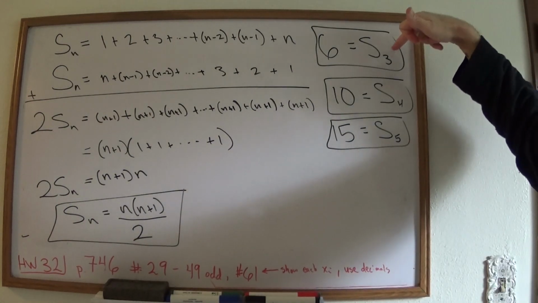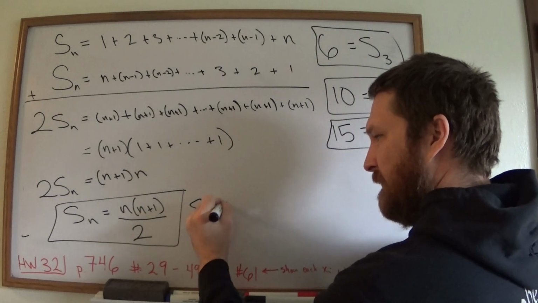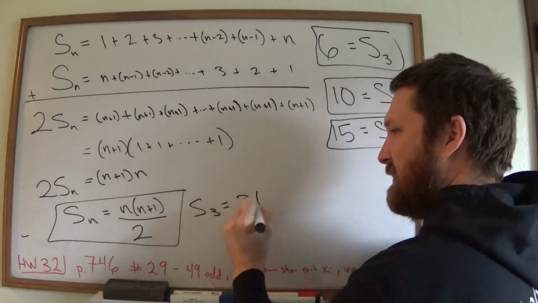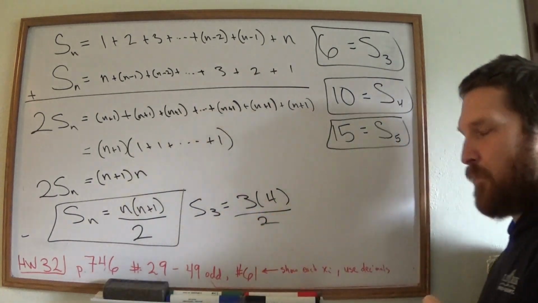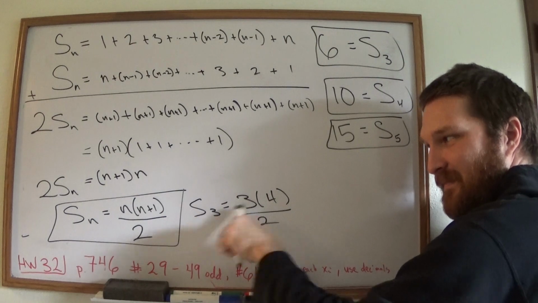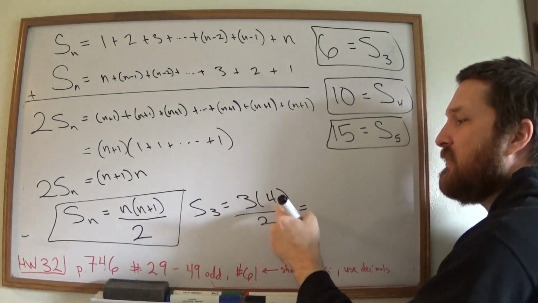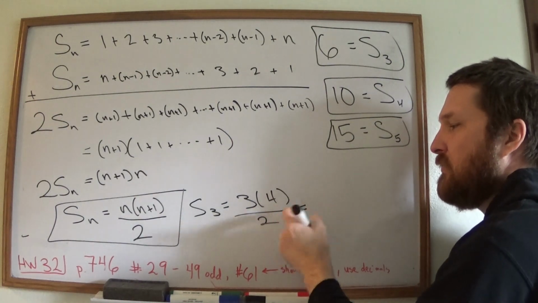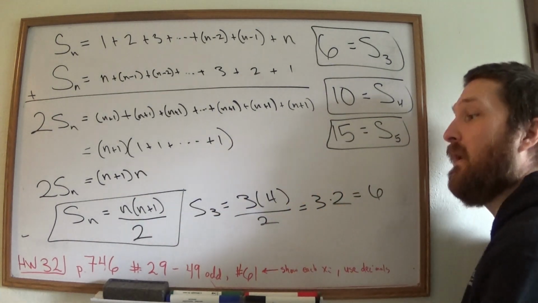So S3, using this formula right here, the formula tells me it's 3 times 3 plus 1, which is 4, divided by 2, right? Check that, the same number shows up there, and then it's 1 more than the previous. And so 4 divided by 2 is 2, so we have 3 times 2, which is 6.